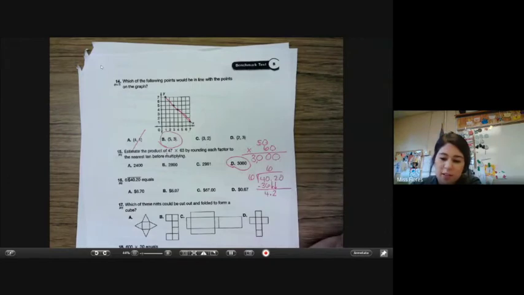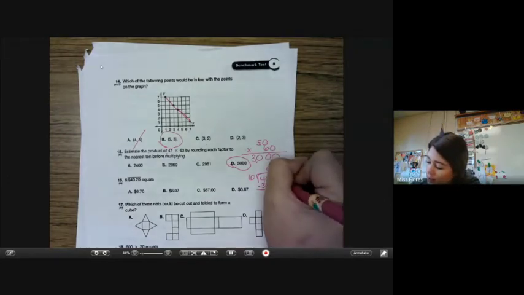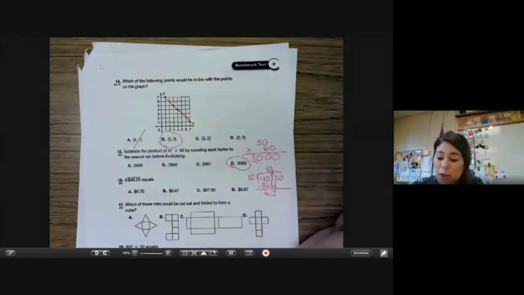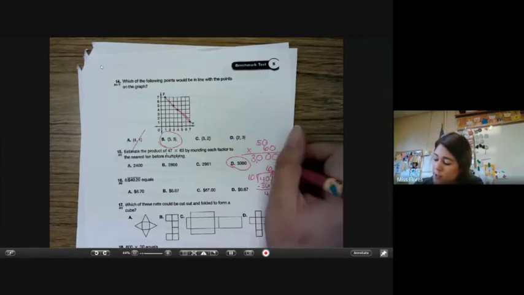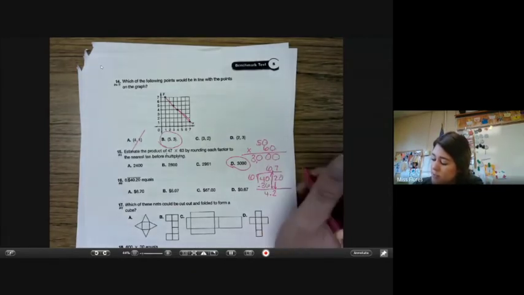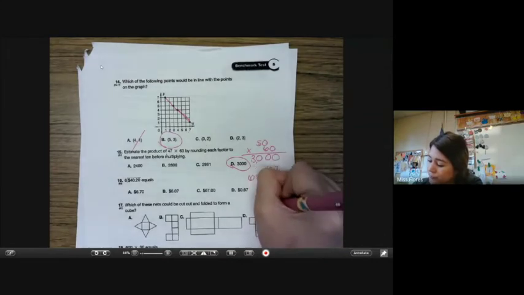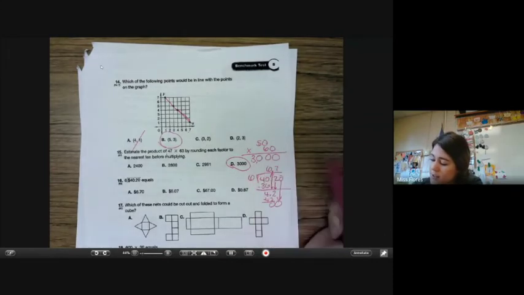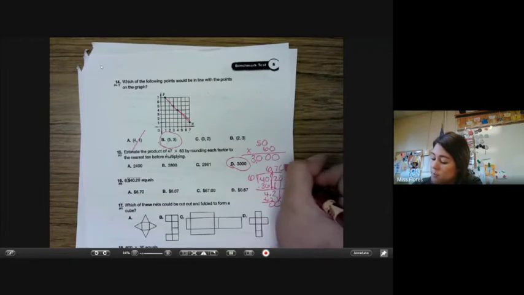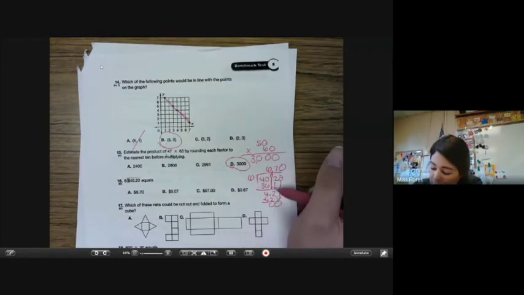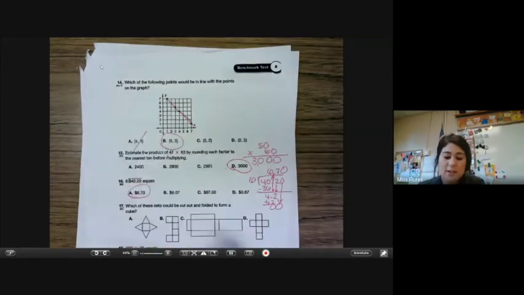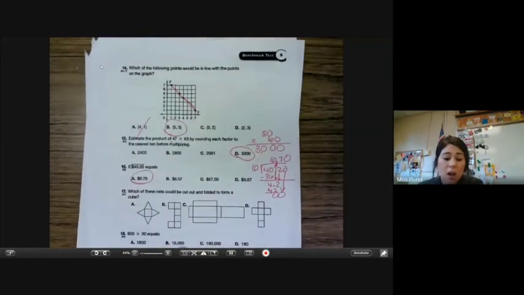Bring up your decimal and bring down the 2. So now we have 42. 6 goes into 42 7 times. 7 times 6 is 42. And then we bring down the 0. 6 goes into 0 0 times. 6 times 0 is 0. 0 minus 0 is 0. So you get $6.70.